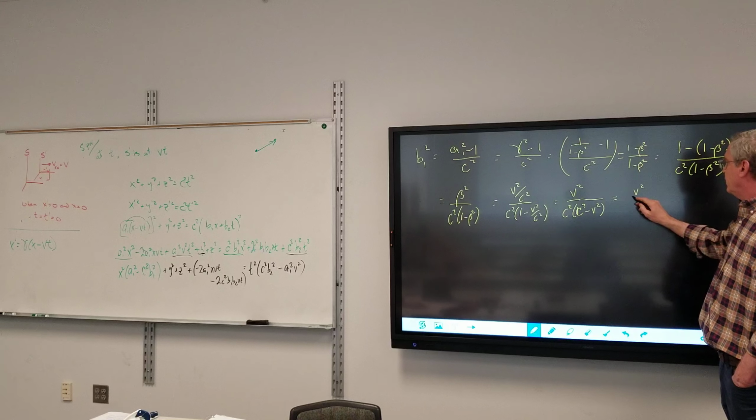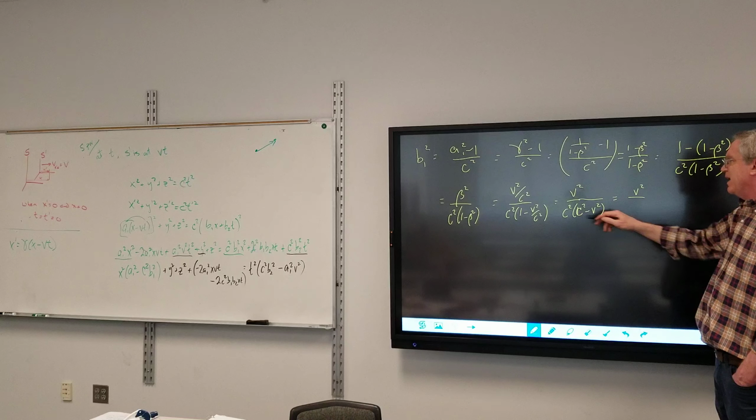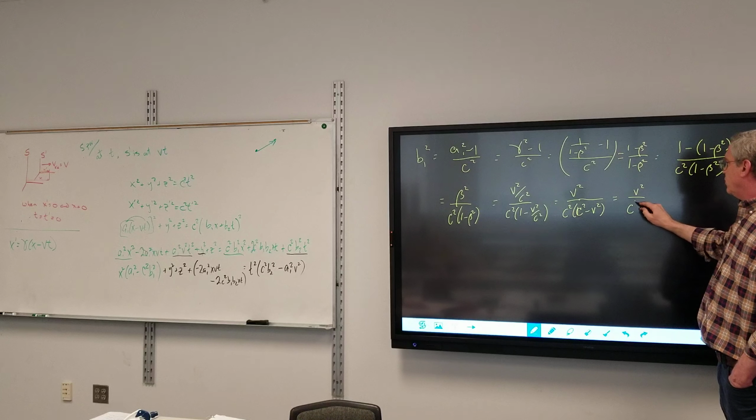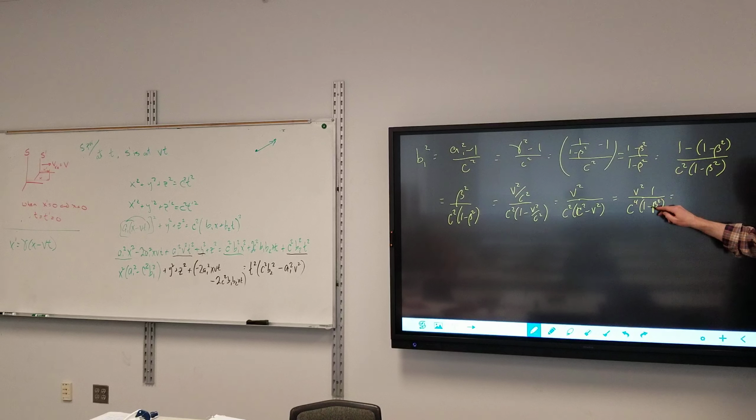Which is v squared over, I factored out too soon, c to the fourth times 1 minus beta squared. So I have 1 over, again, I can multiply anything by 1, so I got 1 over 1 minus beta squared, which is just gamma squared. And so I got v squared gamma squared over c to the fourth.